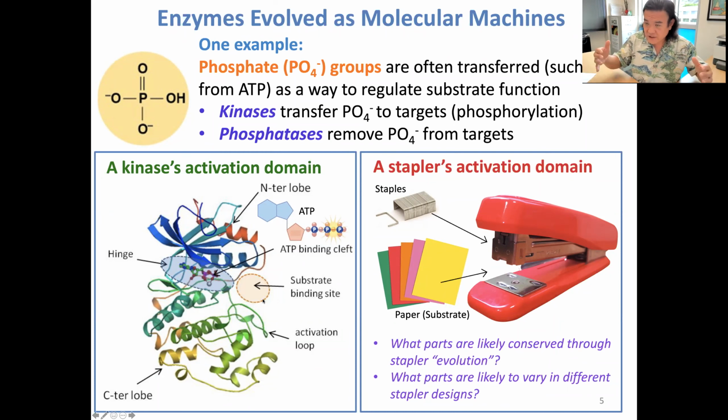So over evolution, you could have many, many, many variations of staplers, right? Maybe starting originally billions of years ago from one gene, the original ancestral kinase gene that coded for a kinase protein that could bind ATP and break it, right?